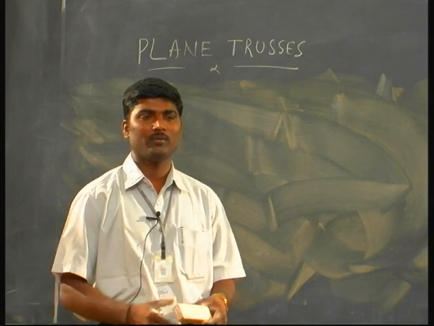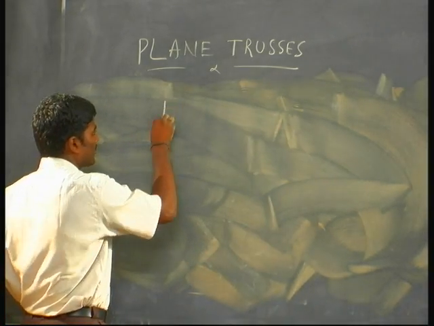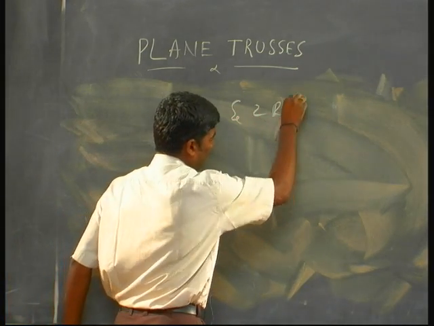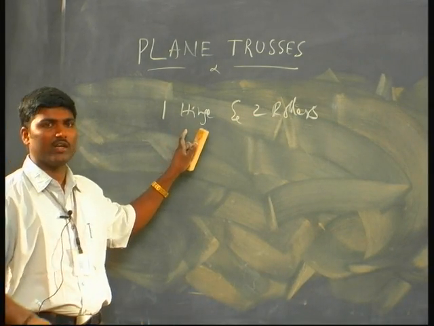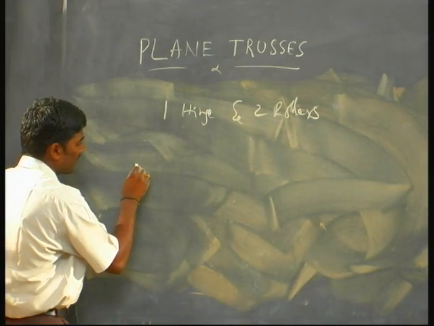We have a question: why can't you provide one hinge and two rollers? Let us see what happens.